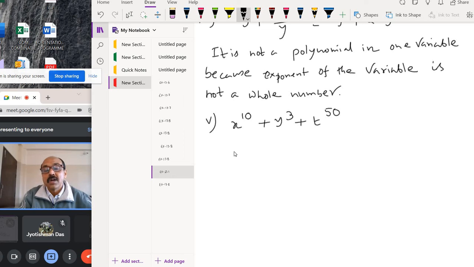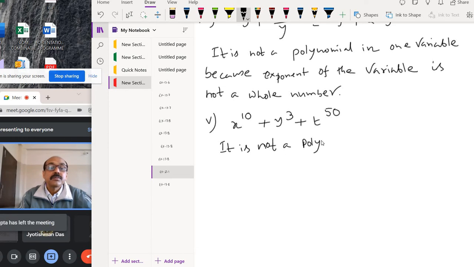So this is not a one-variable polynomial. It is not a polynomial in one variable because different variables are present here: x, y and t.